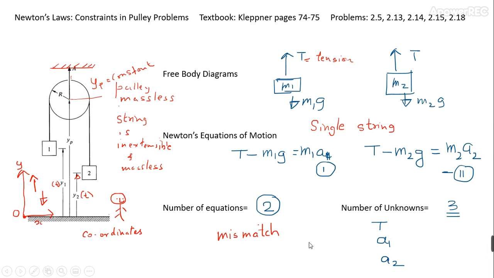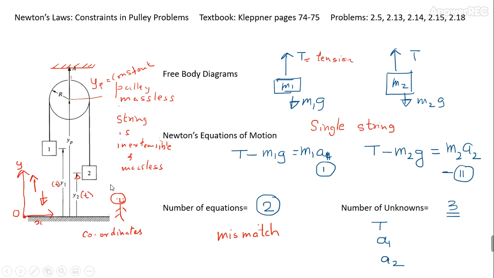Once again, this time, like last time, the third equation has nothing to do with physics. It has just got to do with this arrangement here of the pulley and the masses.